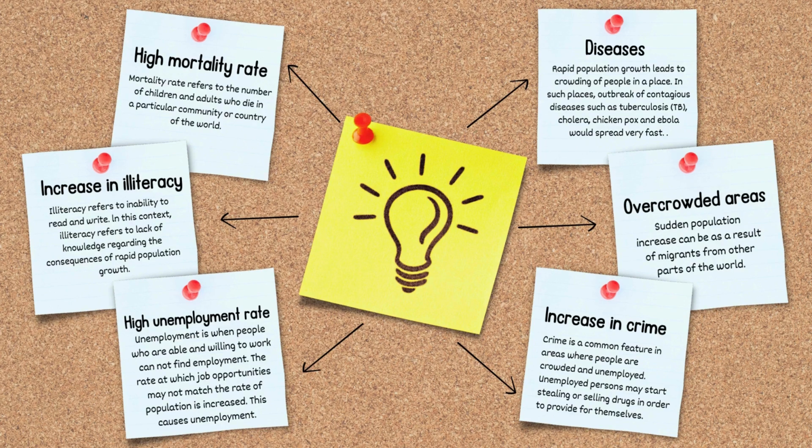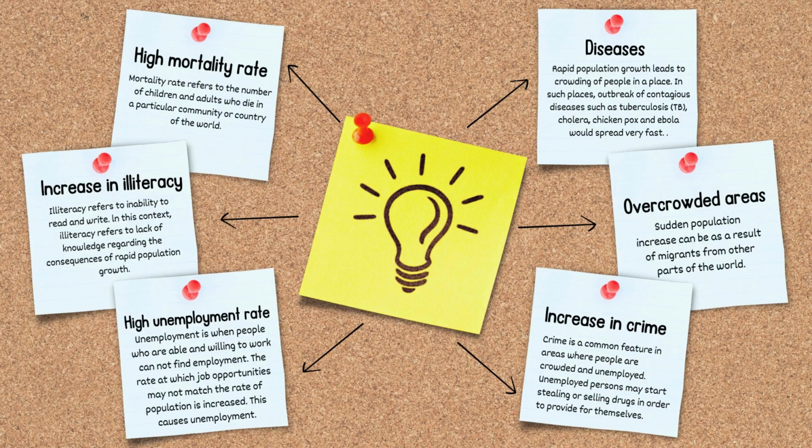Rapid population growth leads to crowding of people in a place. In such places, outbreaks of contagious diseases such as tuberculosis, that's TB, cholera, chickenpox and Ebola would spread very, very fast.